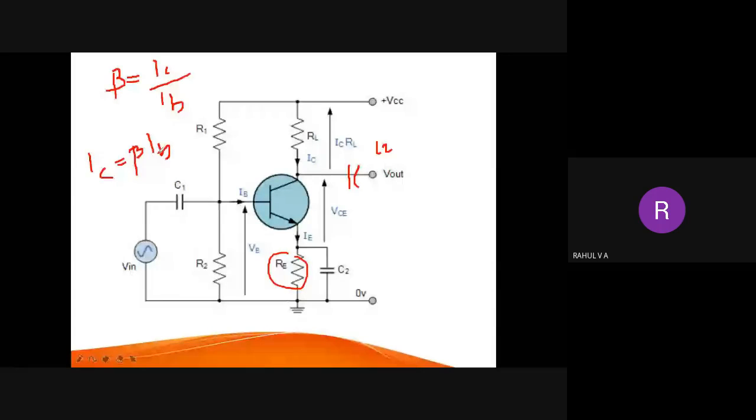From the above equation, IC is equal to beta into IB. For a transistor, the beta value will be minimum in the order of 100. So 100 into 10 milliampere, for example, 10 milliampere current at the base will give you 1 ampere. That means the current is amplified. Can you not write that much?